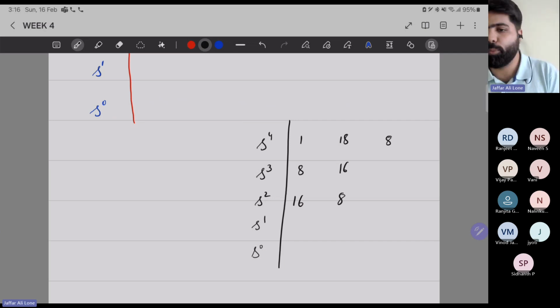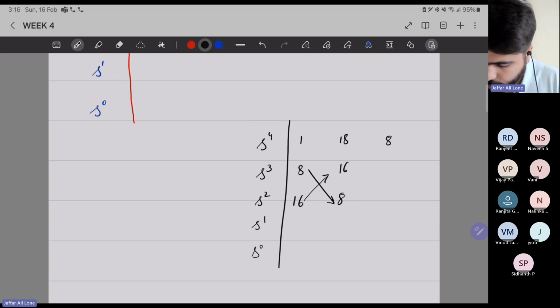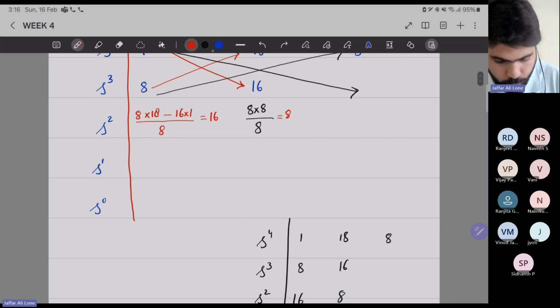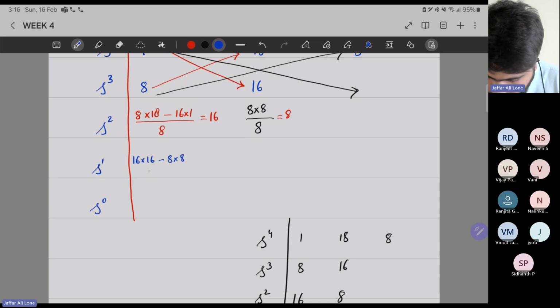Right? Now we have to populate s^1. So s^1 will be this into this minus this into this, and divide by 16. Right? So what will it be? It will be 16 into 16 minus 8 into 8, divided by 16, which is equal to 12.